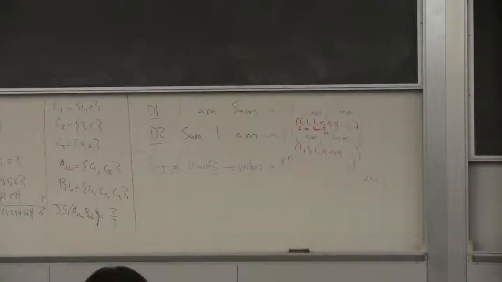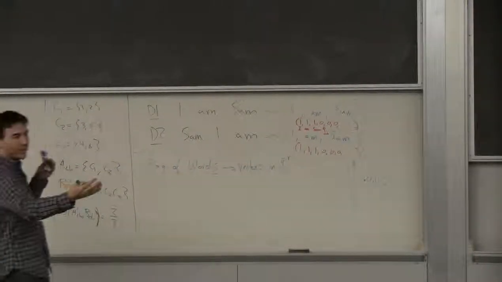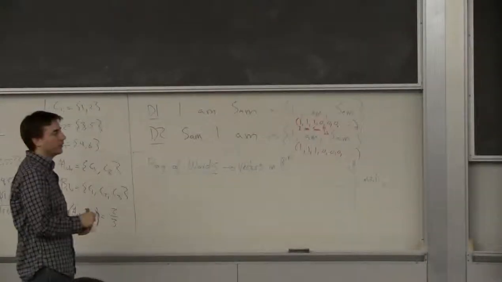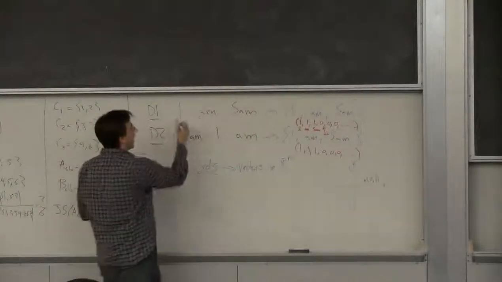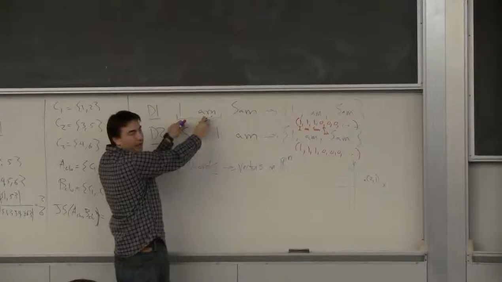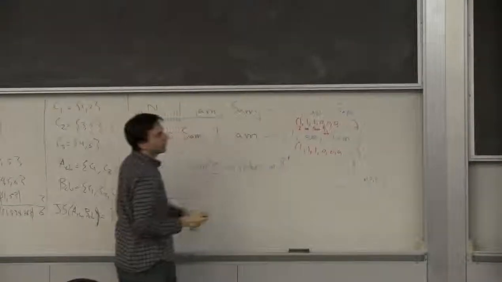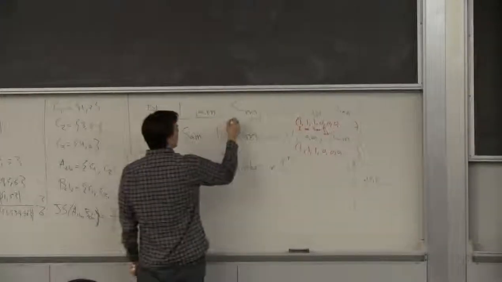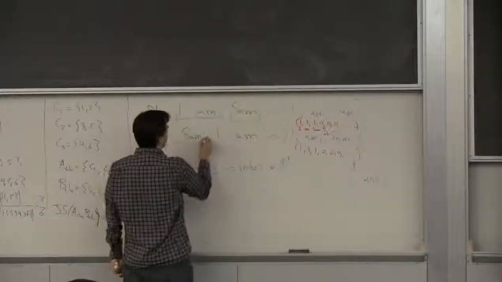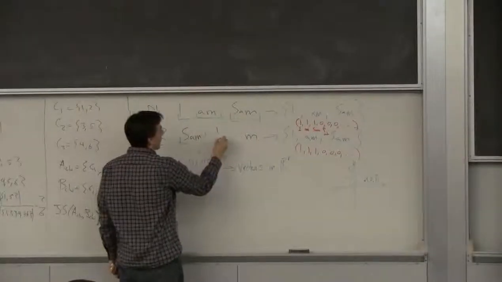What's more interesting, though, is when you do something like the K-grams, where I'm taking all pairs of consecutive words. So the first K-gram, I am, is these 2 words together. I look at all pairs of consecutive words. The second one is am, Sam. And then the third one is Sam, Sam. And then I have Sam, I again.